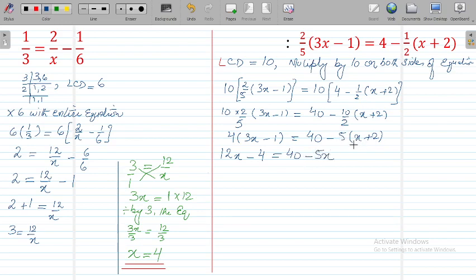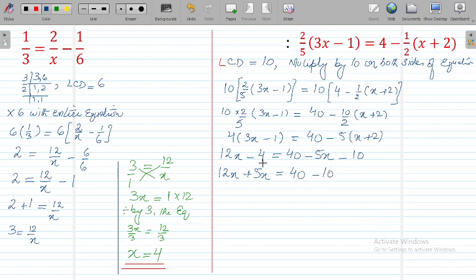Minus 5 multiplied by 2 will give you minus 10. Now we will take all the variables of x on the left hand side. So 12x, and this minus 5x will go to the other side to make it plus 5x. The 40 is as it is on the right hand side, and this minus 10 is as it is on the right hand side.